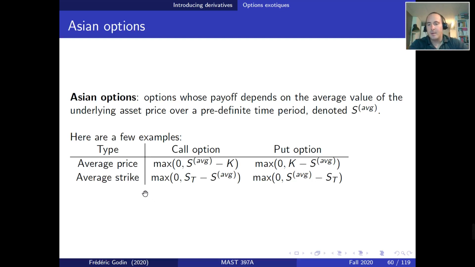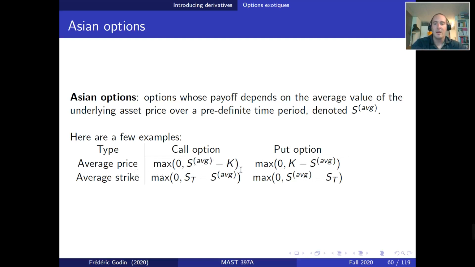So here, for an average price Asian option, its payoff at maturity is simply expressed by replacing ST, the maturity date underlying asset, by the average. Okay, so for a call option, instead of having maximum between 0 and ST minus K, you have maximum between S average minus K and 0.